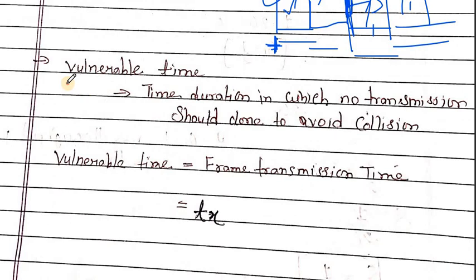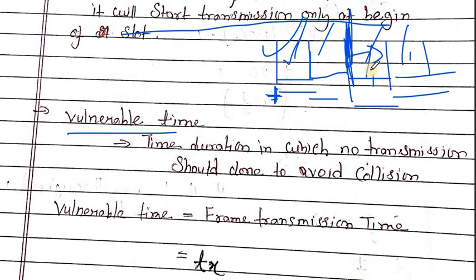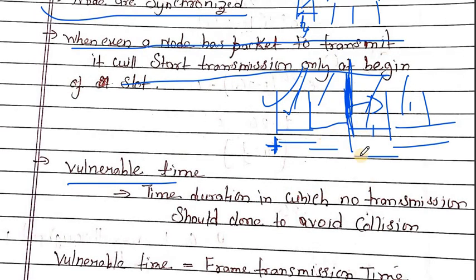Here the vulnerable time is the time duration in which no transmission should be done to avoid the collision. To avoid the collision, transmission must be started at the beginning of the time slot.